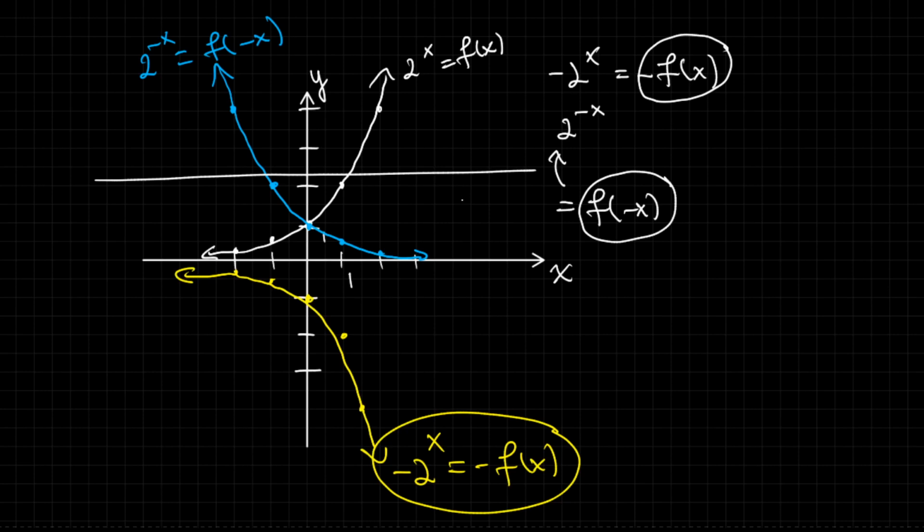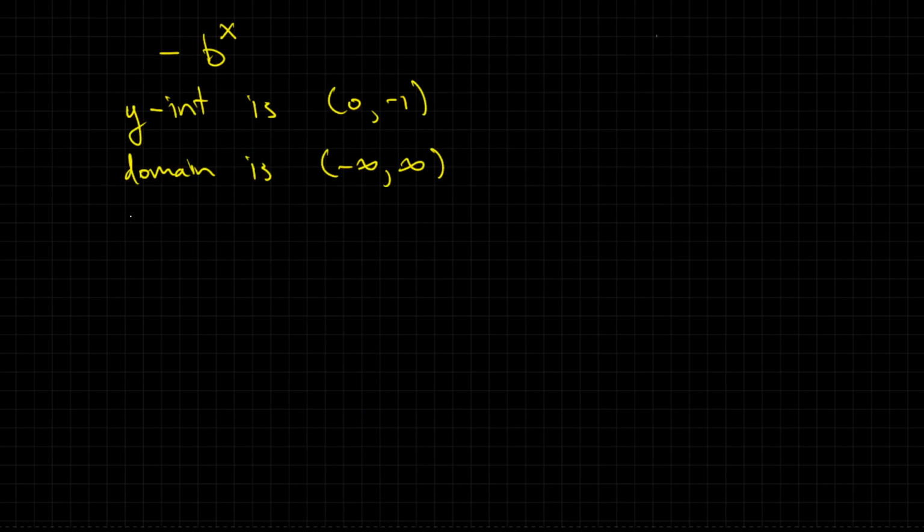So while the range for the original graph is all the positive numbers, the range for the reflection across the x-axis is all negative numbers. So the range is, whenever you put in interval notation, you always put the smaller number first, so -∞, 0.